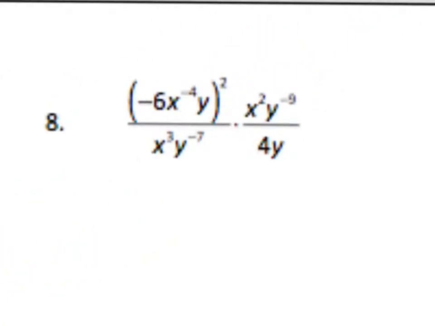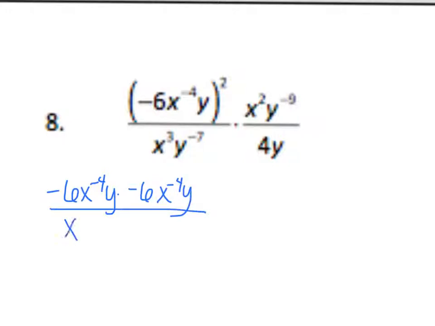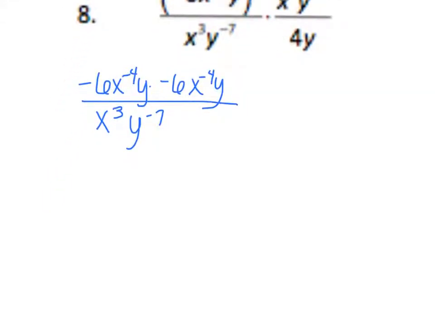Okay, next one. All right, so again, piece by piece, I'm going to work with that first chunk in the numerator first. So I'm going to write this thing twice. Negative 6x to the negative 4th y. I'm going to go ahead and put the 6's together.